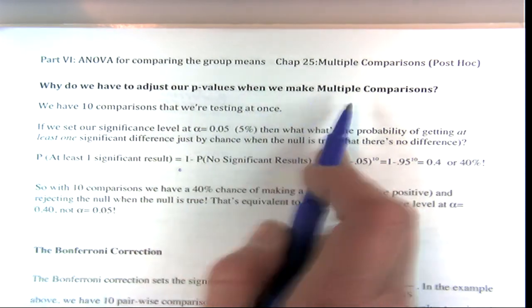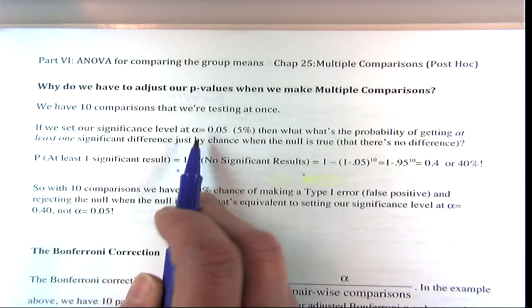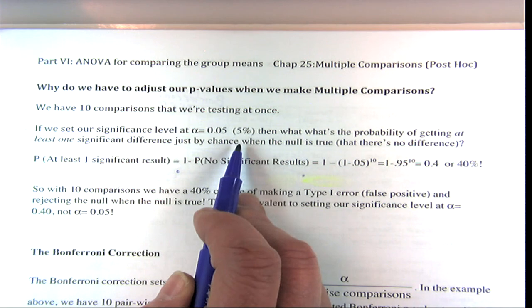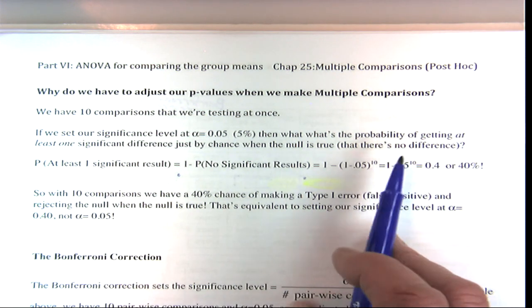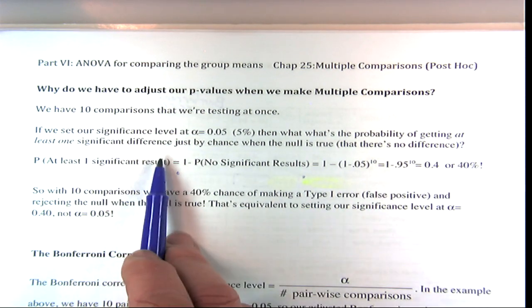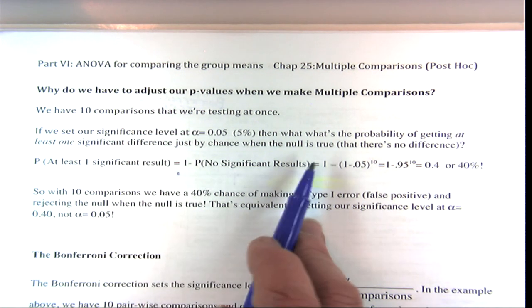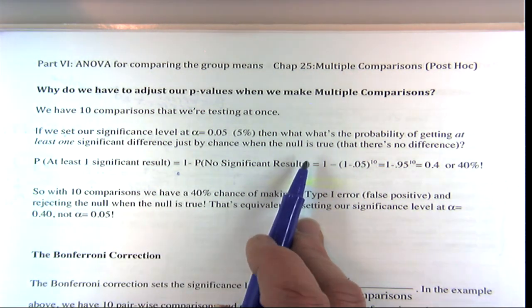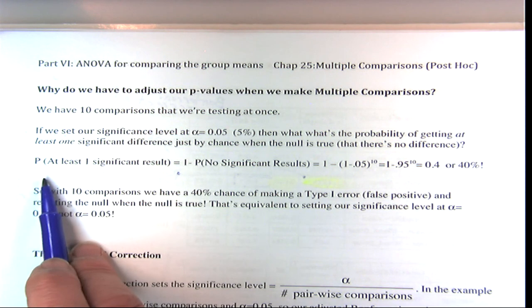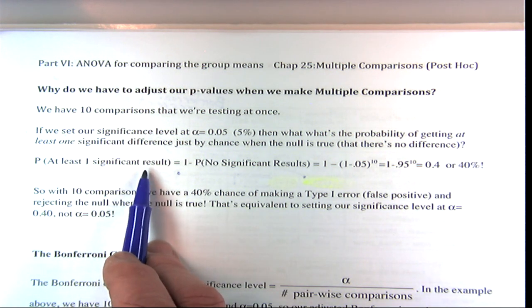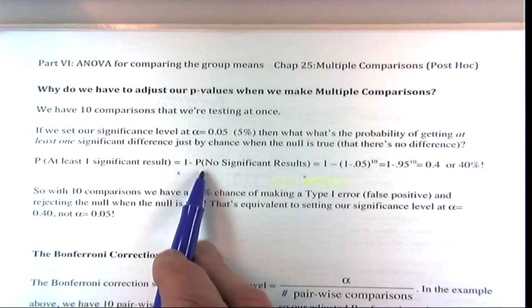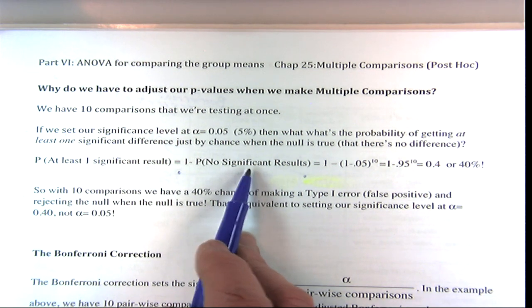So why do we have to adjust? All right, pretend we set our significance level at 5%. So you could see why this makes sense. What's the probability of getting at least one significant difference just by chance if the null was true and none of them were significant? So the probability of at least one significant result will be 1 minus the probability of no significant results, right?